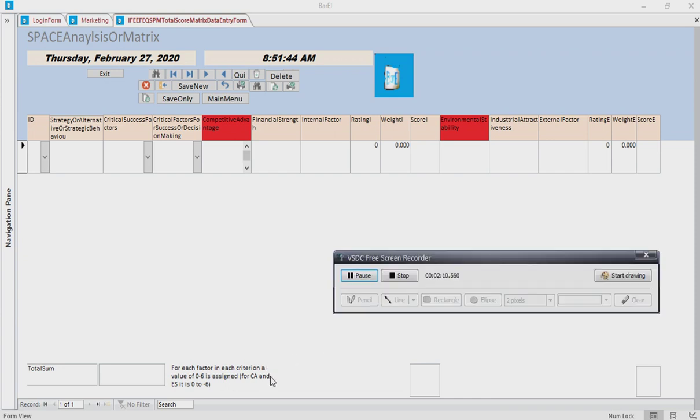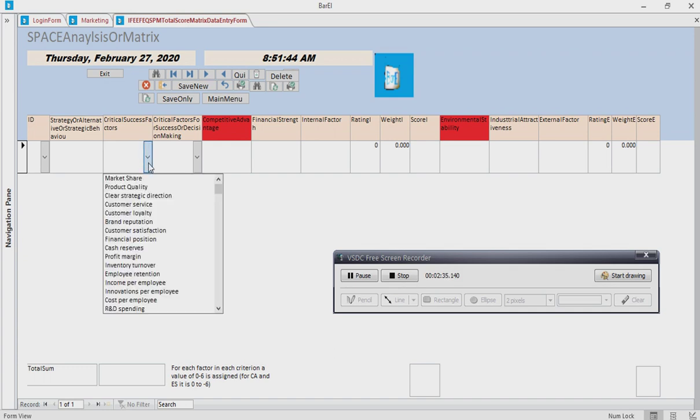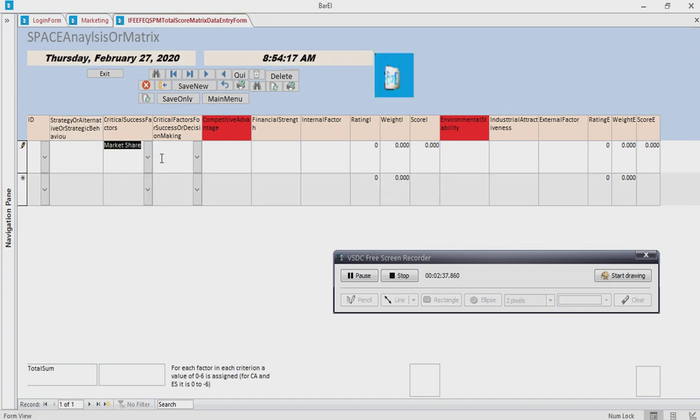For each factor and each criterion, a value is assigned: 0 to 6 for competitive advantage and environmental stability, and 0 to -6 for the others. Let's say the critical factor here is market share. It falls under competitive advantage.